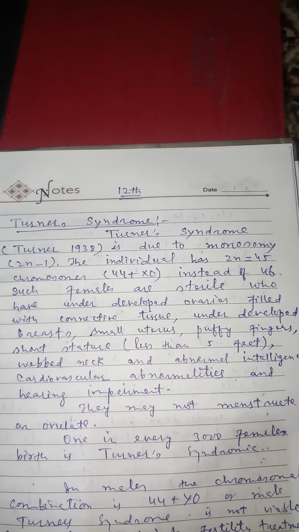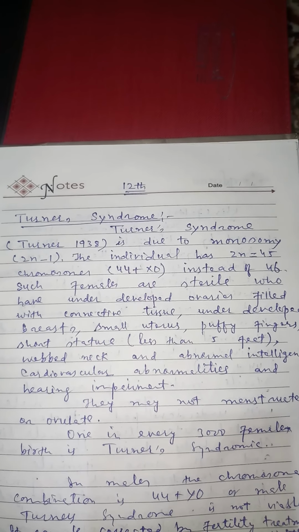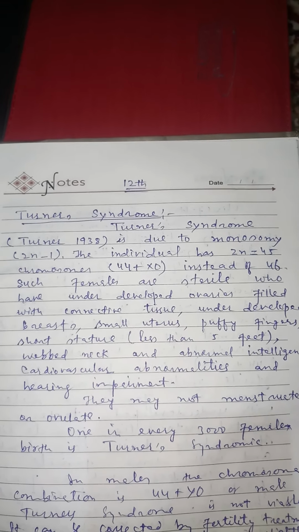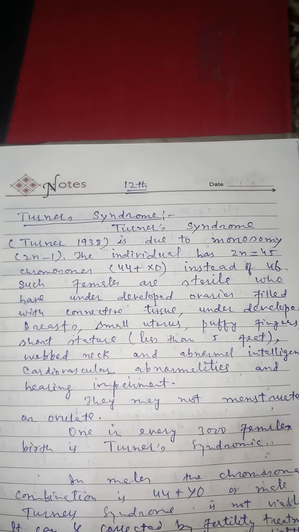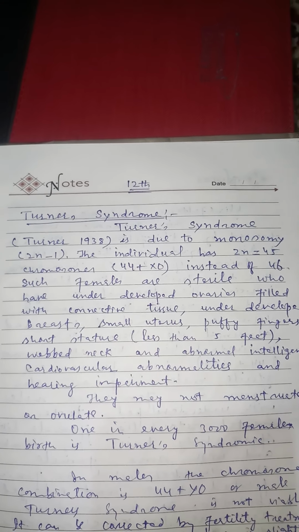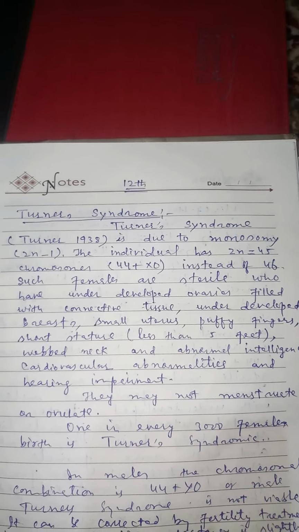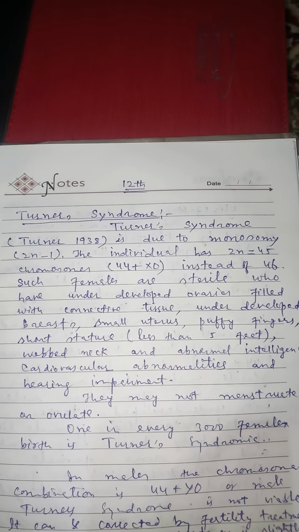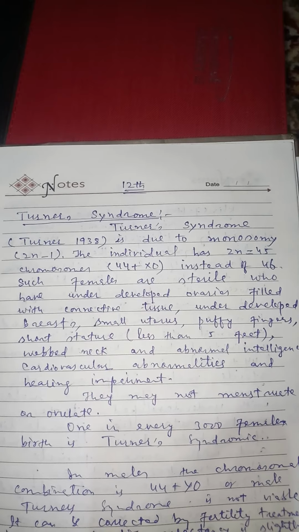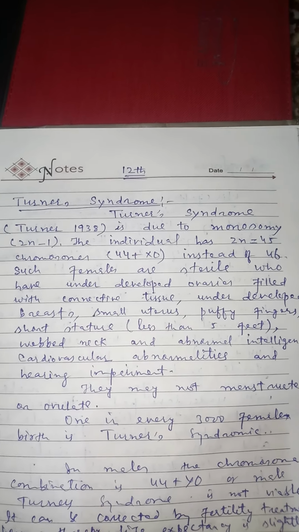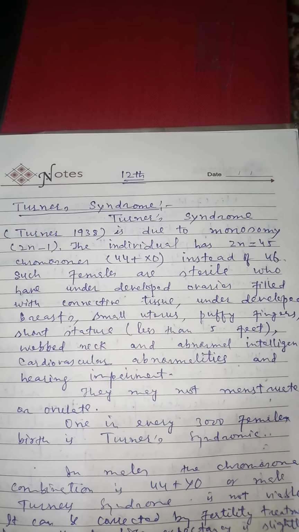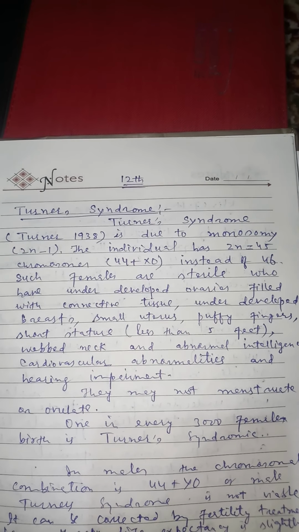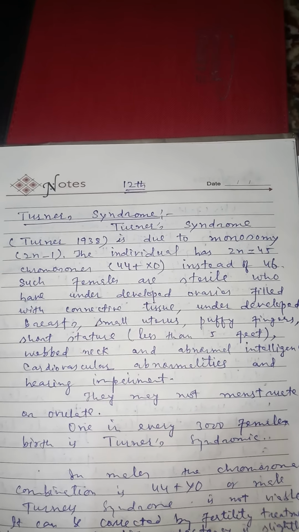And the third character of these patients is that their uterus is small in size. And the next character is that their fingers are not those of a normal female, but they are puffy. Puffy means swollen and short fingers.